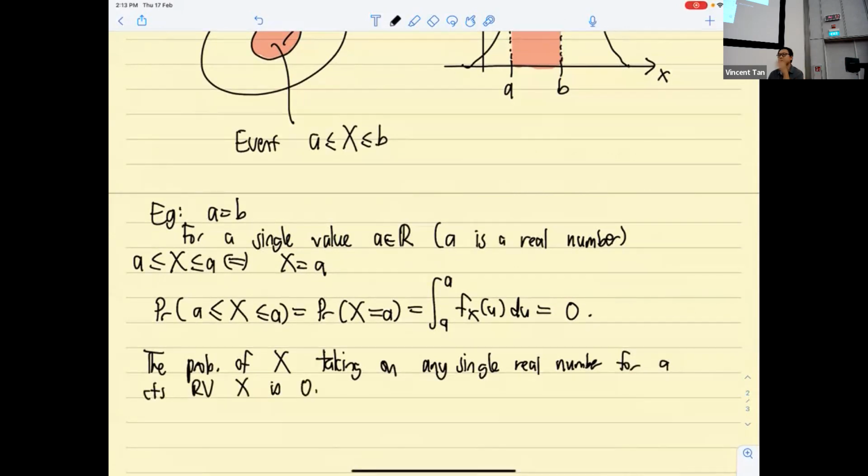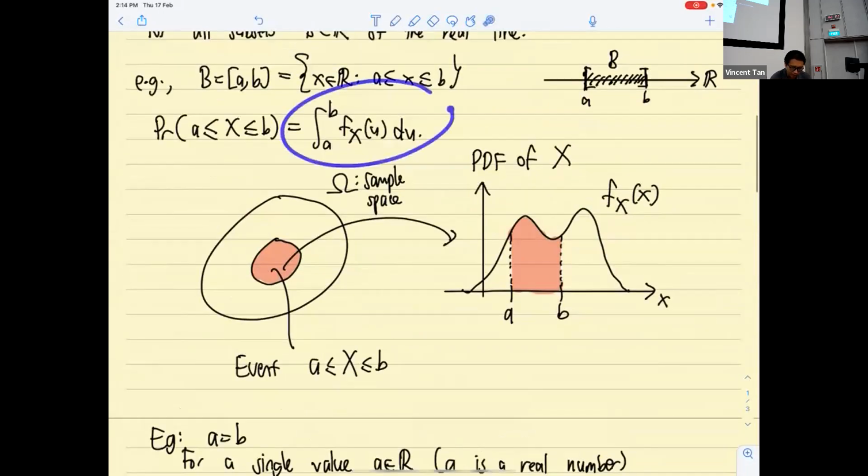This is very much unlike discrete random variables. If you roll a dice, the probability that X, the outcome of the dice, is equal to 1 is 1/6. So the probability that X takes on a particular value is certainly non-zero for discrete random variables.